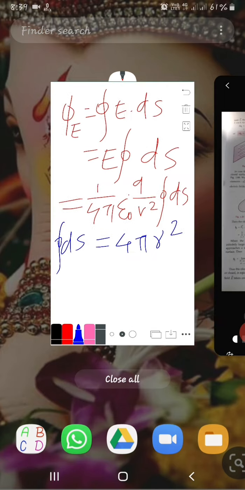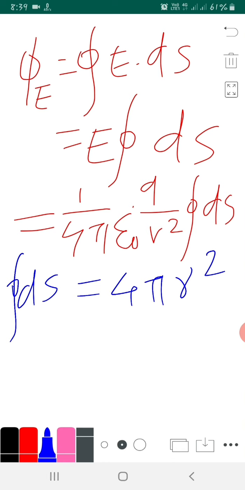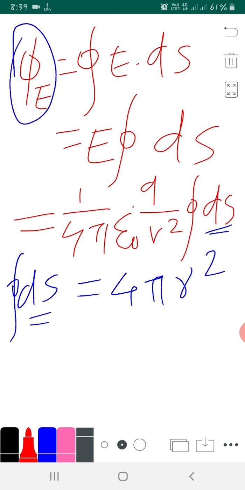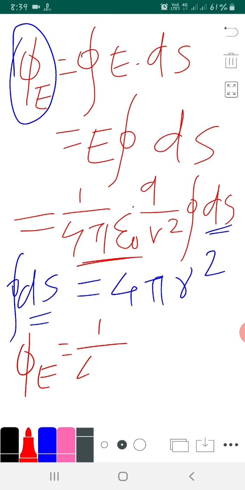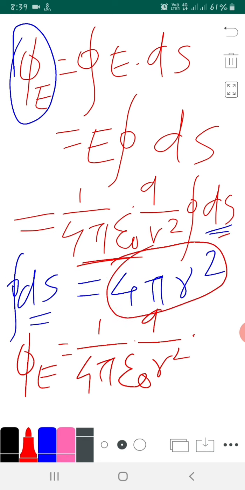Now put this ds in this expression, so the final expression of phi E will come. Phi E is equal to 1 upon 4 pi epsilon naught q upon r square into the value of ds, 4 pi r square.